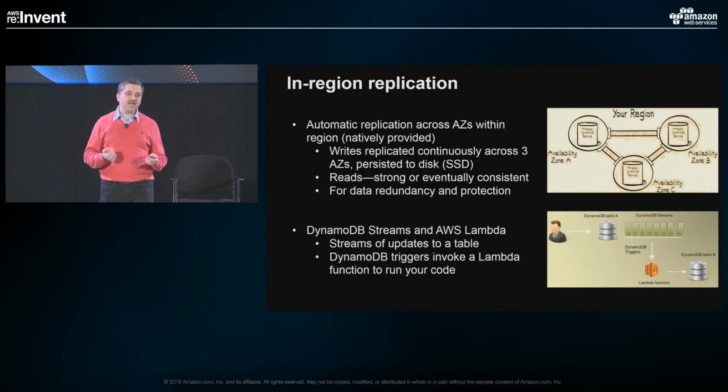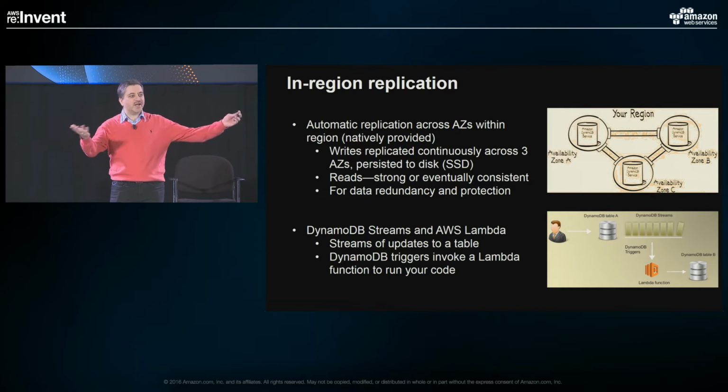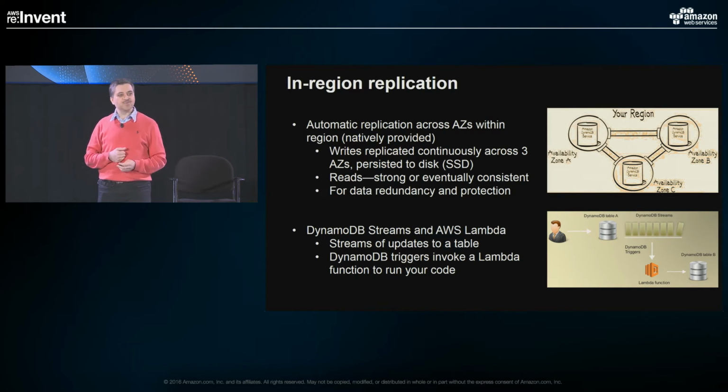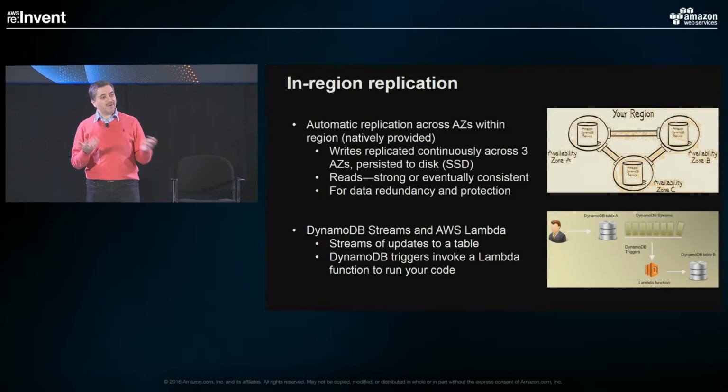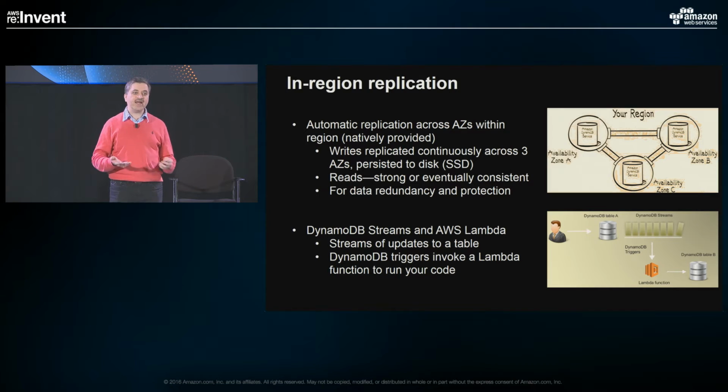However, there might be a need for users to maintain an additional backup copy, or a copy to be used for maybe a secondary application. They don't want to use the primary table for the secondary application, in which case you can easily accomplish data replication through a combination of DynamoDB streams and AWS Lambda functionality to copy data from one table to another table within the same region.